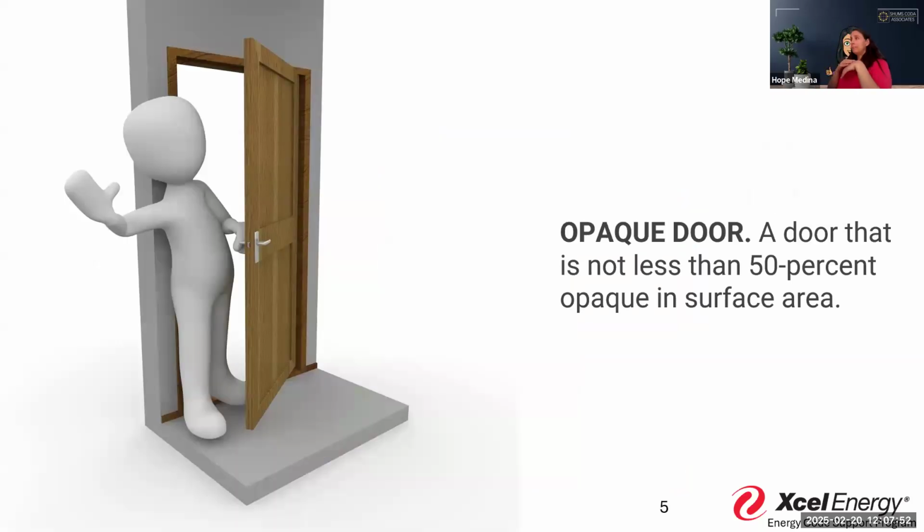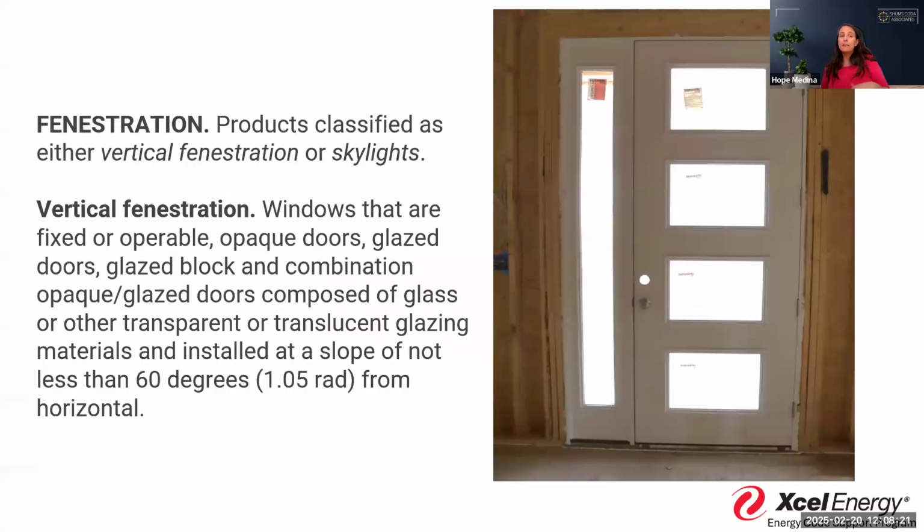Now we have to think about, when we're talking about these types of doors, what kind of doors are these? There are really two door types to think of. We've got our opaque doors, which are doors that you basically cannot see through, and at least 50% of that door is going to be opaque, because we have a wide variety: metal doors, wood doors, and then we also have glass doors.